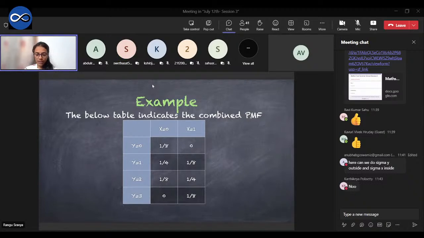That is only one possibility among the 8, so the probability is 1/8. If X equals 1 and Y equals 0, then the first toss is a head, and Y equal to 0 implies the number of heads is 0. Both cannot happen at the same time, so the probability is 0. Similarly, for any pair (x, y), you can calculate the probability and construct the joint PMF in this way.